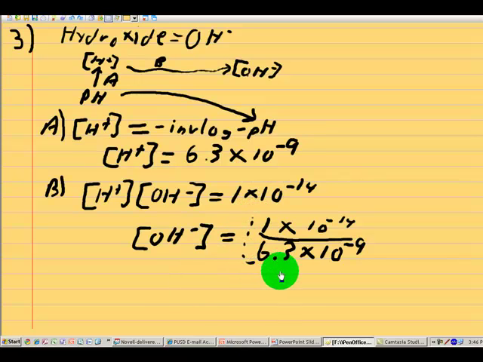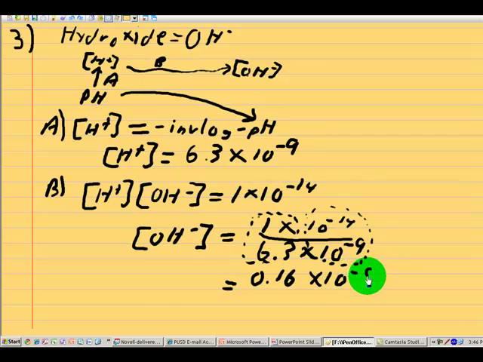Again, the suggestion is to calculate this. You first have 1 divided by 6.3. When you do that, you get 0.16. Then you deal with the exponential, in which you get 10 to the minus 14th minus a negative 10 to the minus 9, which will give you 10 to the minus 5th.